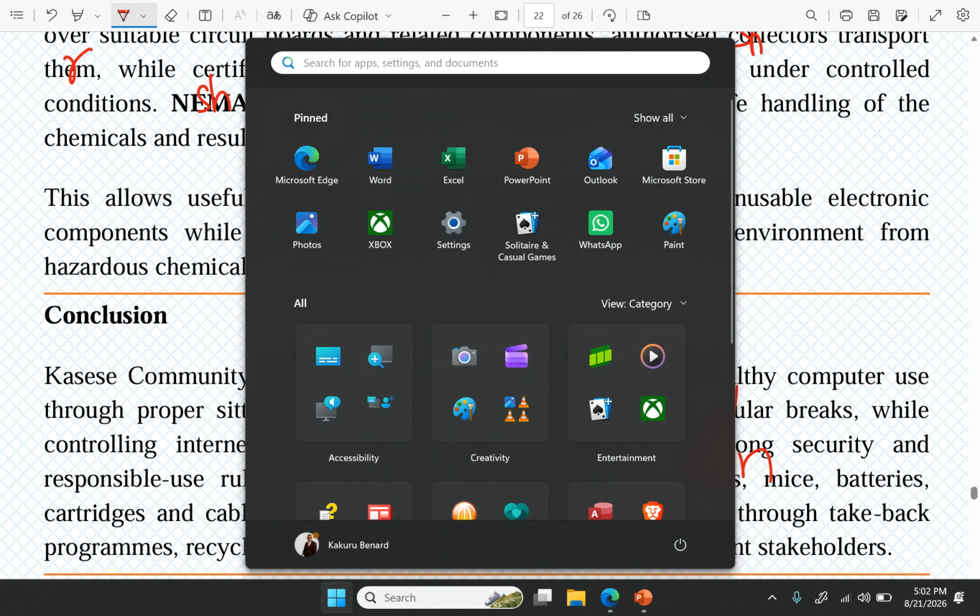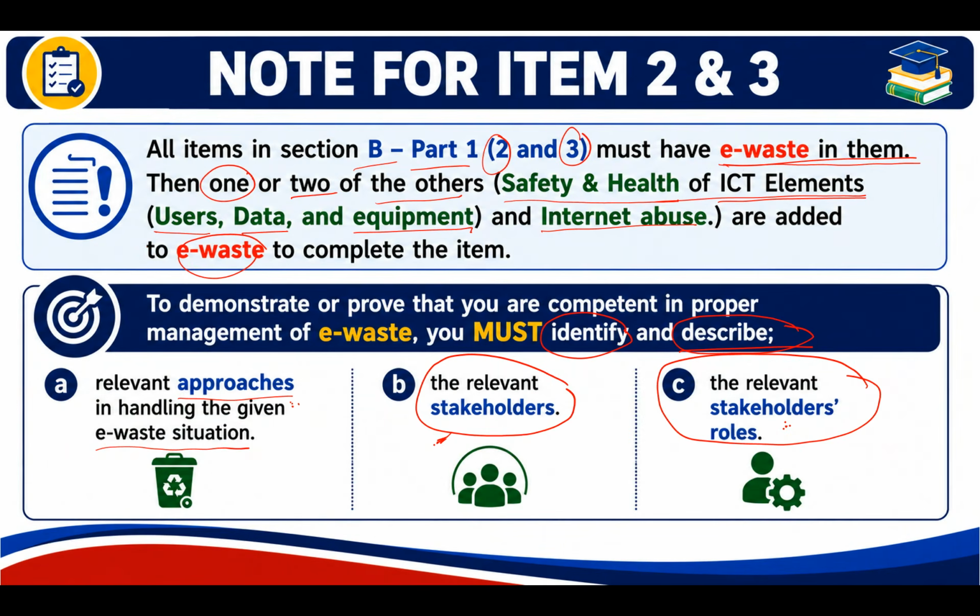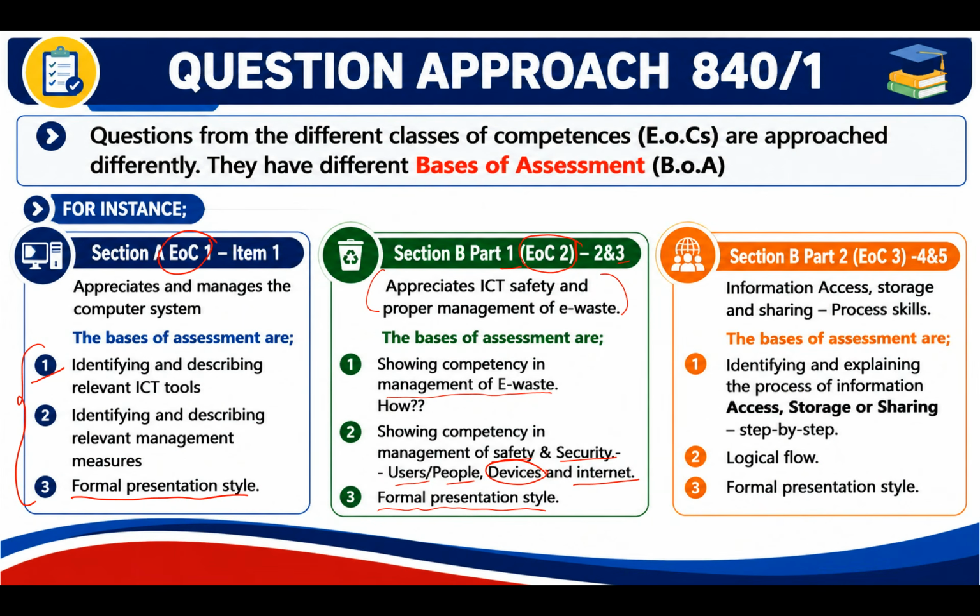So with section B part 2, we have seen that this section B part 2 is from the third element of construct, which forms item 4 and 5, which is on information access, storage, and sharing using ICTs. So here we need process skills.